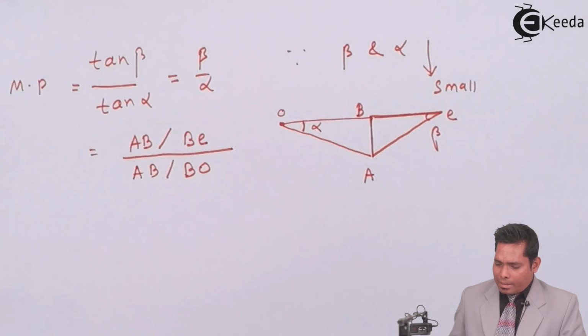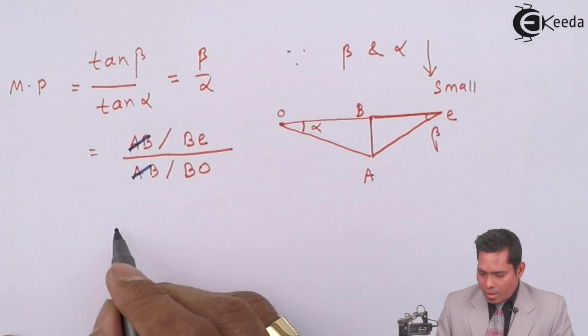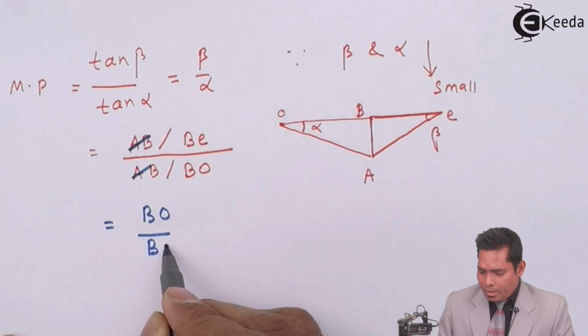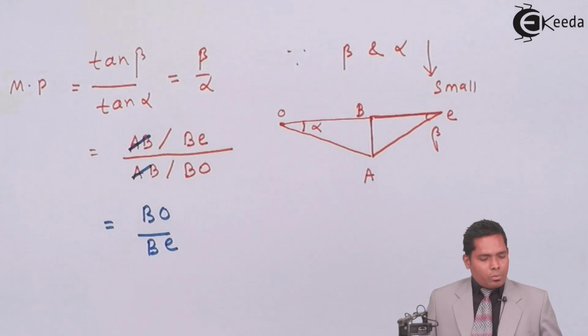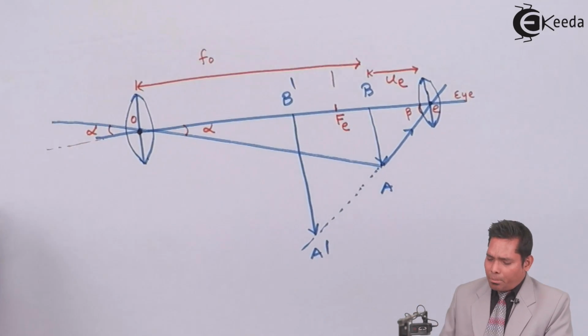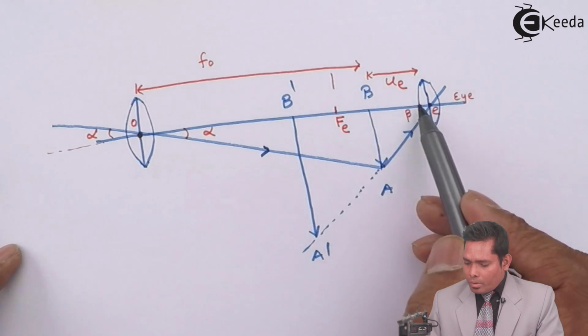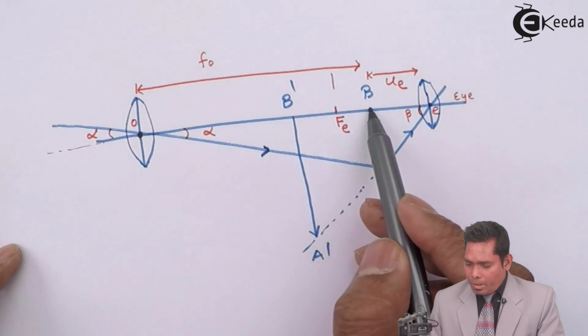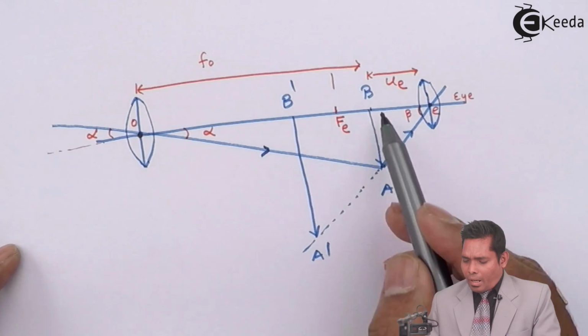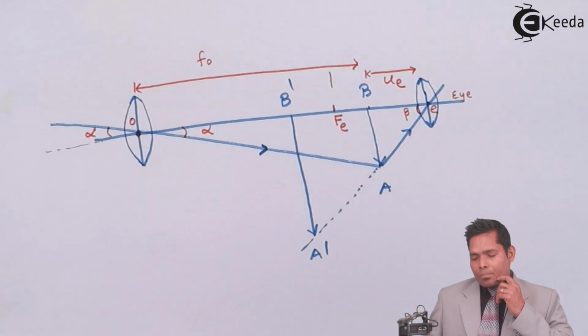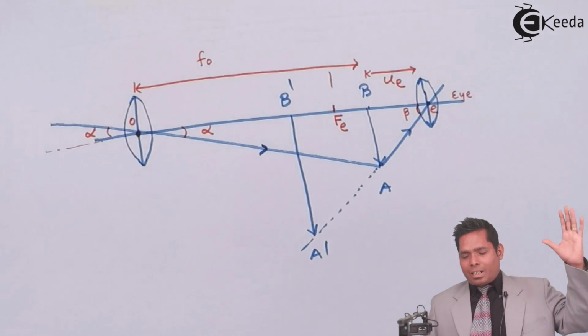Now AB will get cancelled. I have BO divided by BE. What is BO? If you look at the diagram properly, this BO, B and O, this AB is the image of the objective lens when the object was placed at infinity.